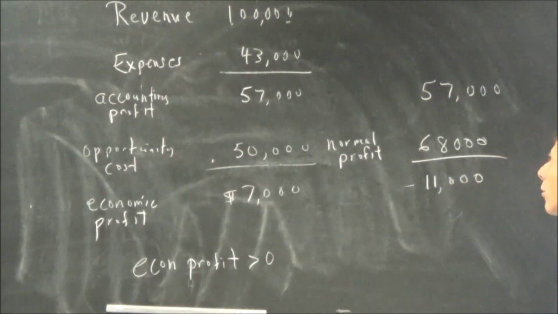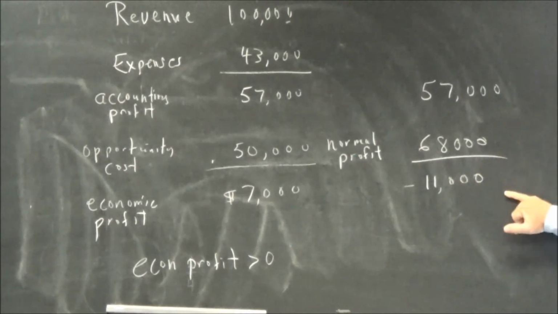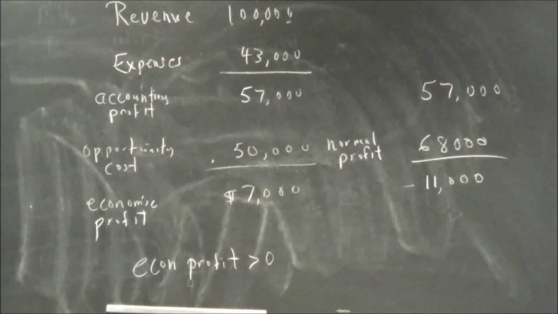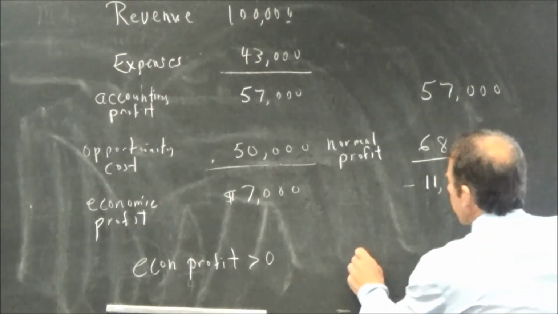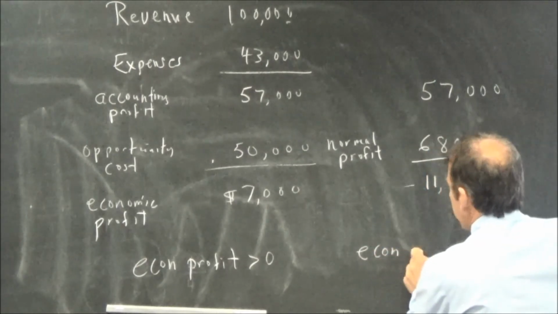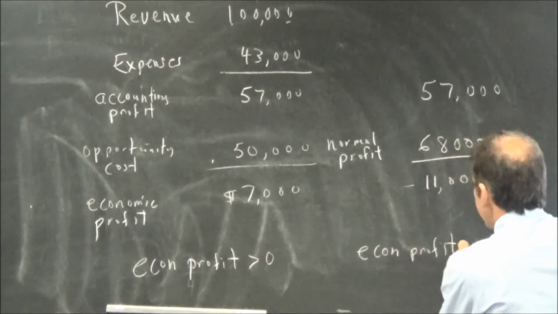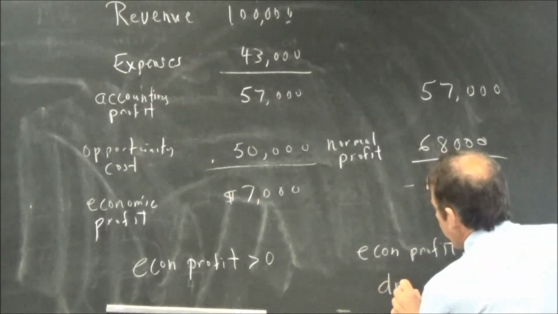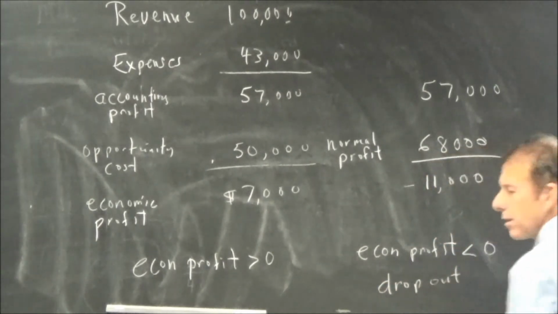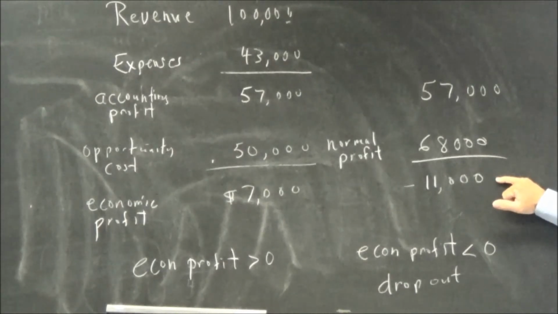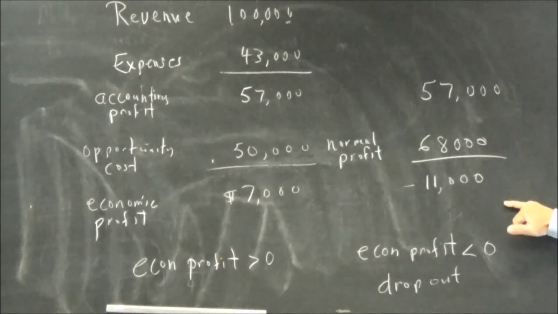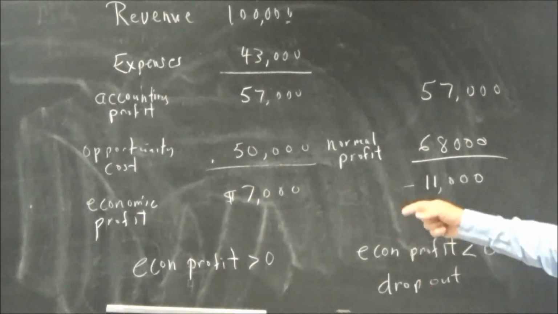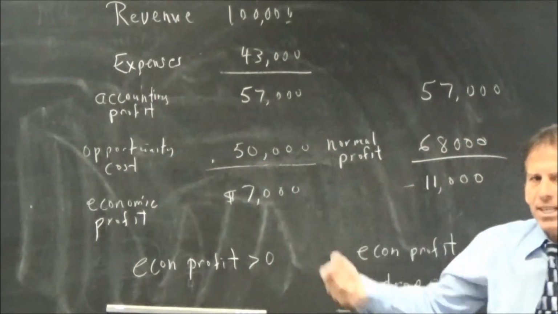So by starting your own business, you're giving up $11,000. What should you do in that case? Well, your economic profit is definitely less than 0. So you should basically drop out of the industry. Because you're losing the opportunity to make more money. So we have this opportunity cost that you have to consider.